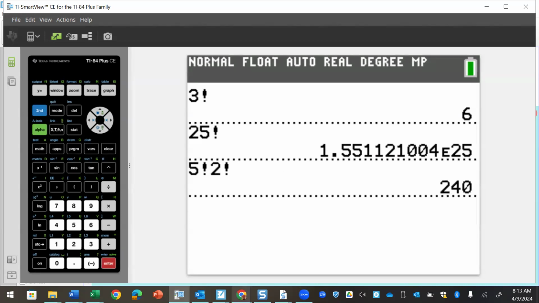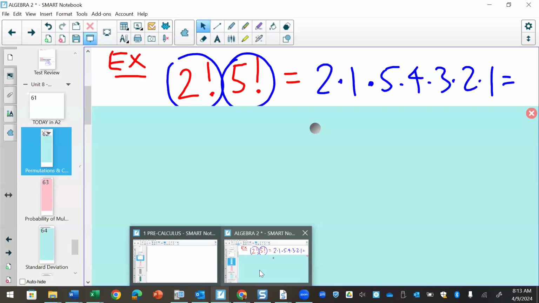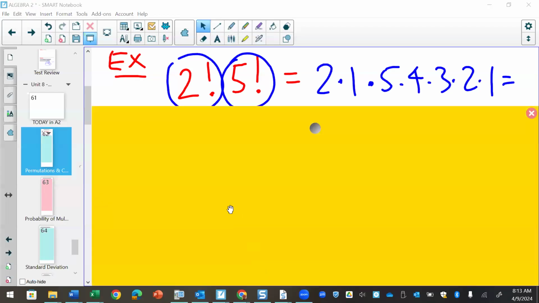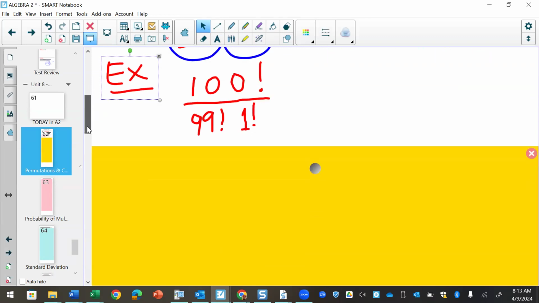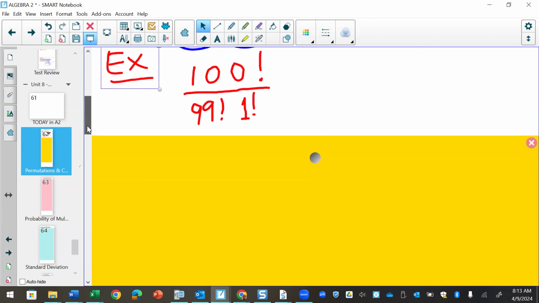But let's talk about this one, 100 factorial over 99 factorial. See who can be the first one to give me the correct answer. 100.